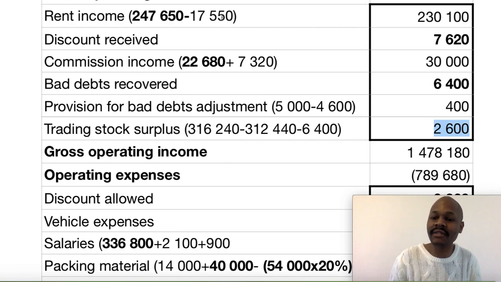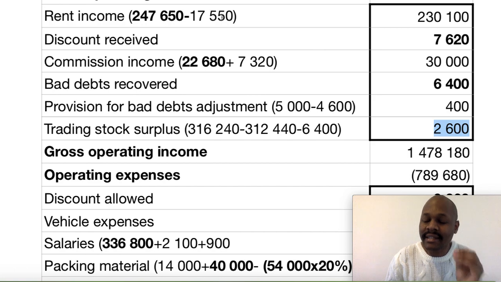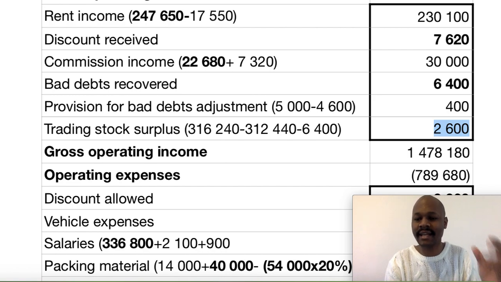Remember, income received in advance is a liability. So we take to our trade and other payables in the statement of financial position or balance sheet under current liabilities. So here we subtract 247,650 minus 17,550. It gives you 230,100. Easy accounting. You just have to practice and ask questions.